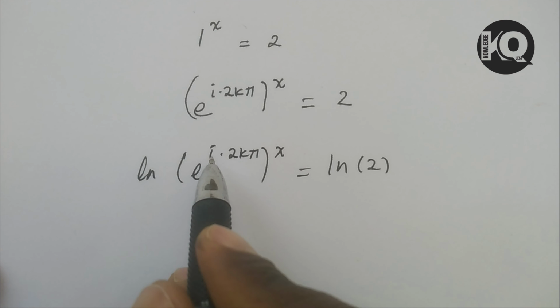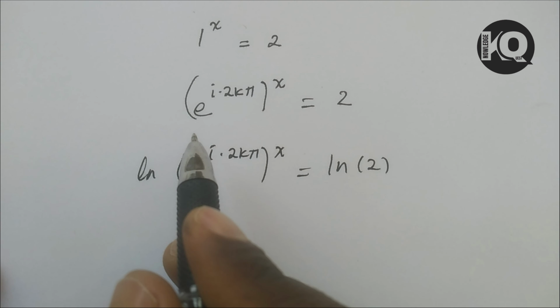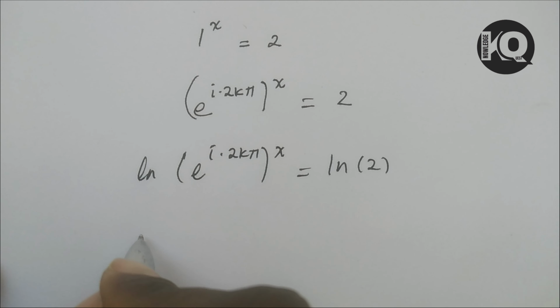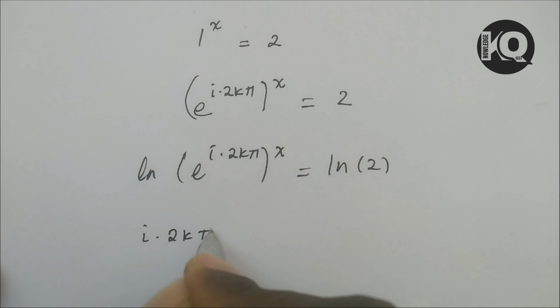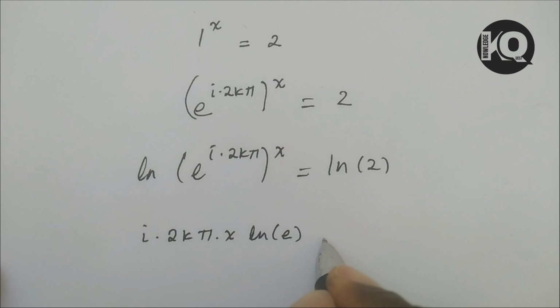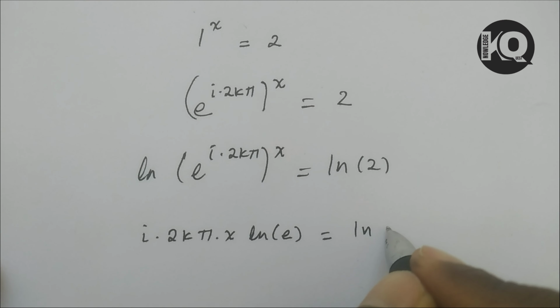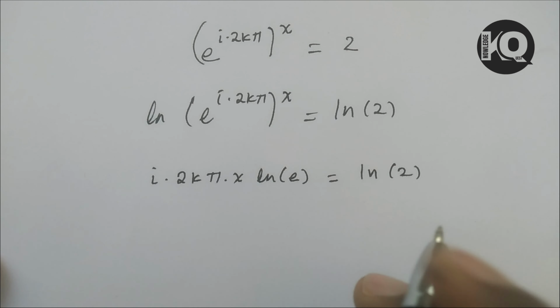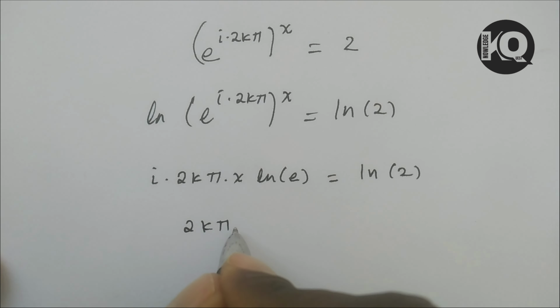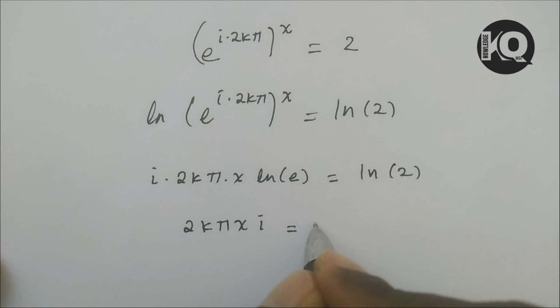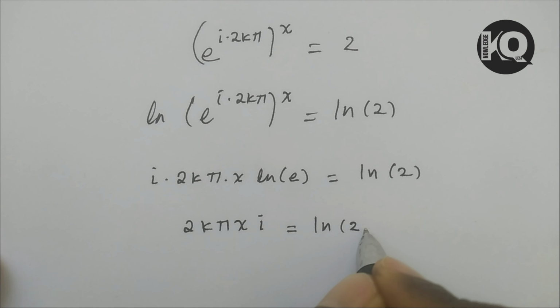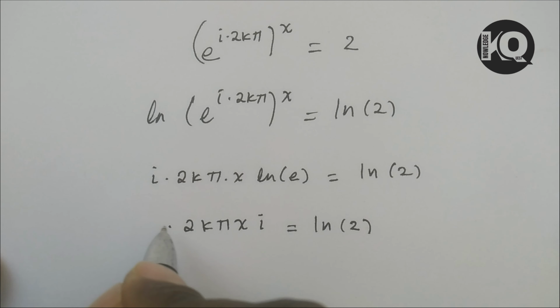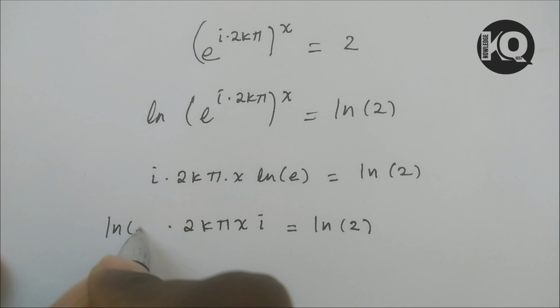So this exponent will come to the front, so it will be i times 2k pi times x times ln of e, which is equal to ln of 2. So 2k pi x times i is equal to ln of 2 times, here we have ln of e.